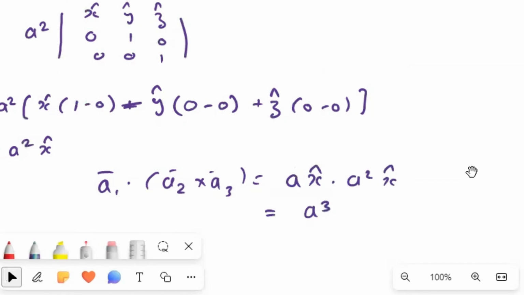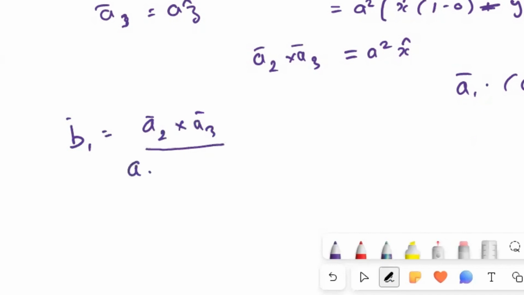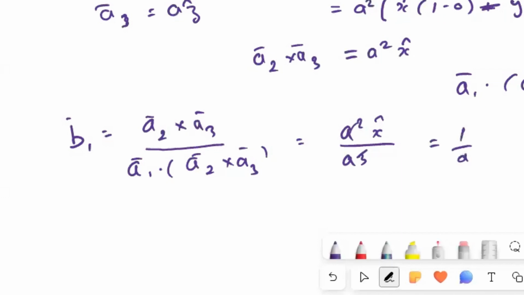So overall, b1, which we defined as a2 cross a3 upon a1 dot a2 cross a3, will be a square x cap upon a cube, which is basically 1 upon a x cap.